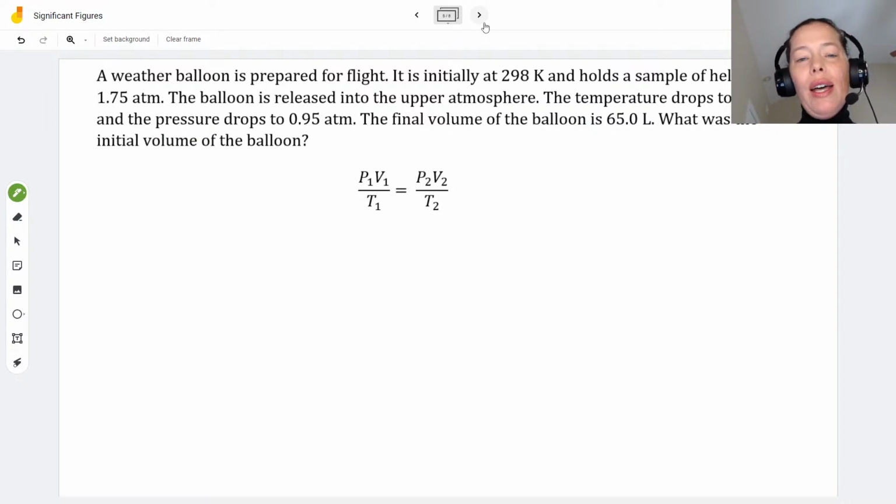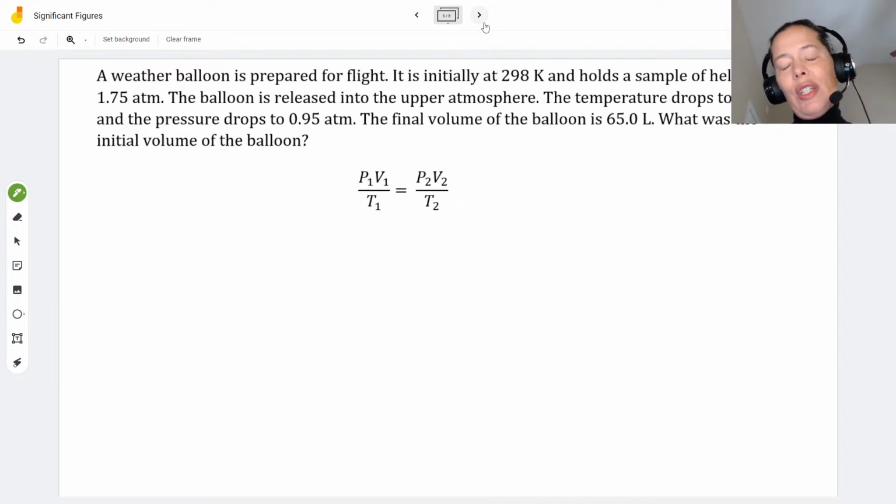Okay, so I've just pulled a gas law question because I wanted to show how to do sig figs when you're doing just multiplication and division. The molar masses were really using sig figs in addition and subtraction, and this is an application of a chemistry problem where we're only doing multiplication and division.